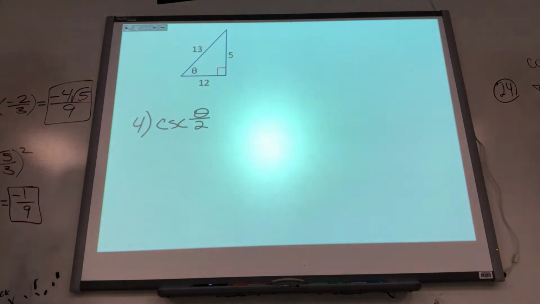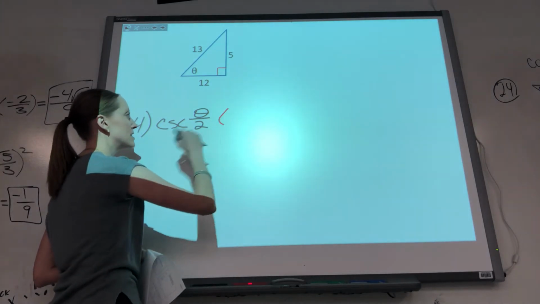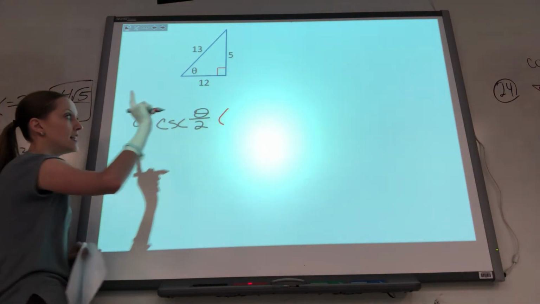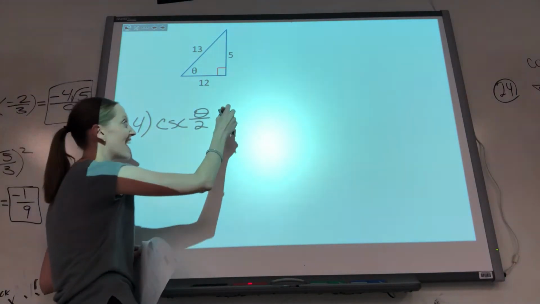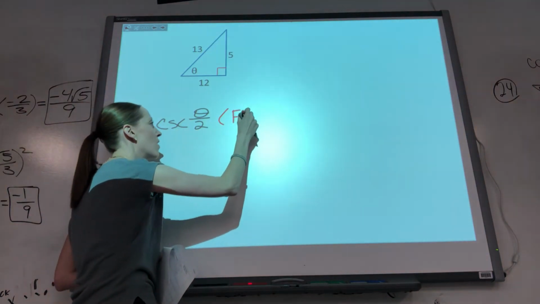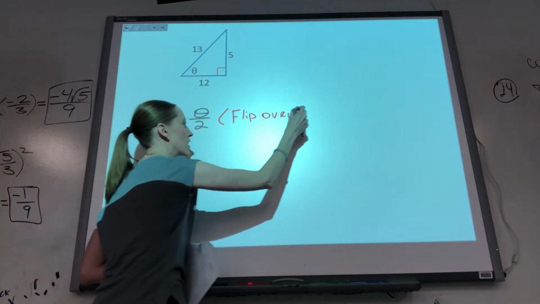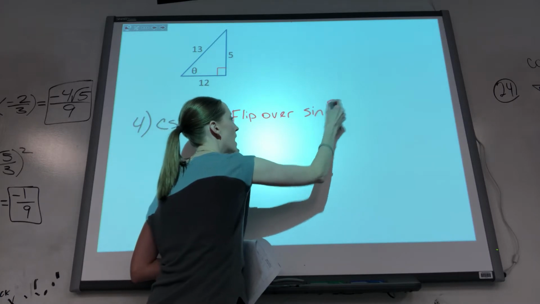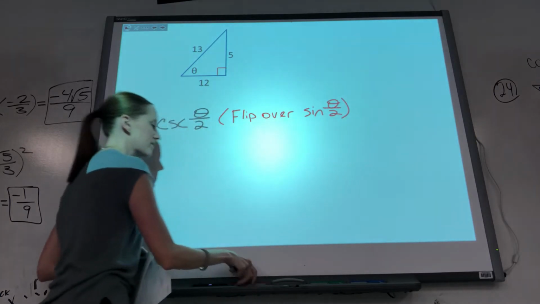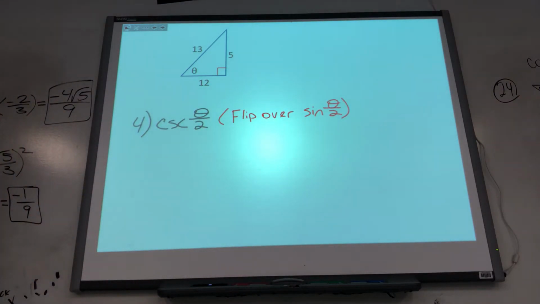Do we have a formula for cosecant of theta over 2? No, but cosecant is the reciprocal of sine. So why don't we flip over our answer from sine of theta over 2. And that, well, let's see here.